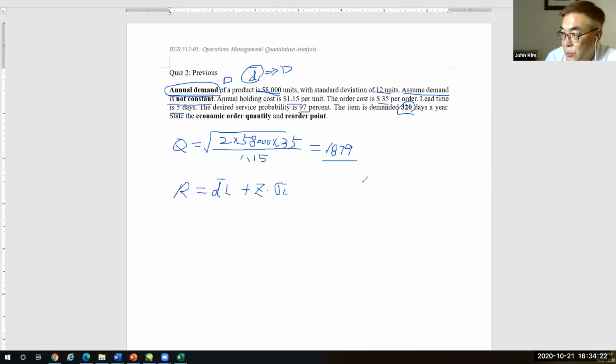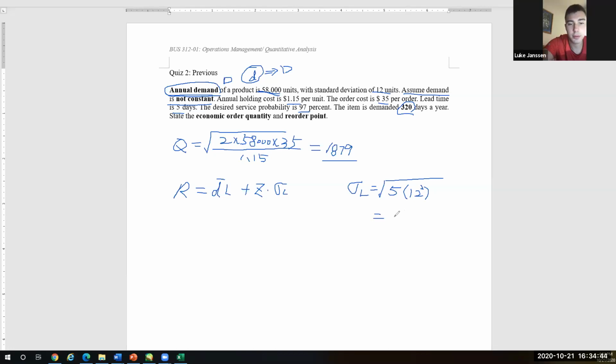So standard deviation during lead time equals square root of L, which is 5, times standard deviation 12 squared. Okay, give me your answer. 26.83. Is it right? Yep. Okay, thank you.